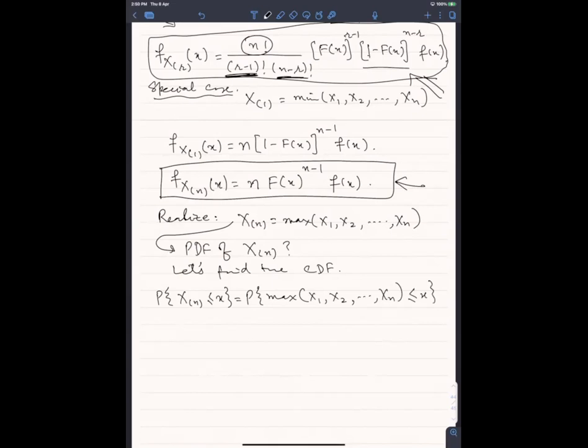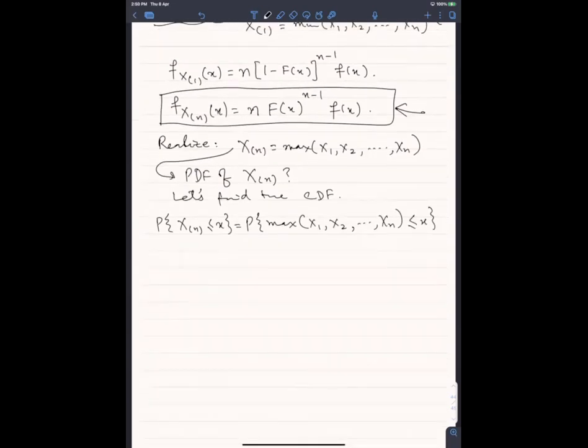Now since all of these are independent, if their max is smaller than x, it means all of them are smaller than x. So this is the probability that x1 is less than or equal to x, x2 is less than or equal to x, x3 is less than or equal to x, and so on, xn is less than or equal to x.